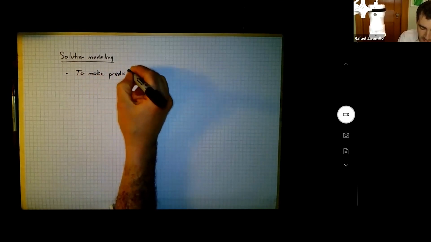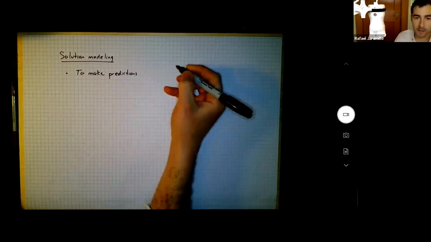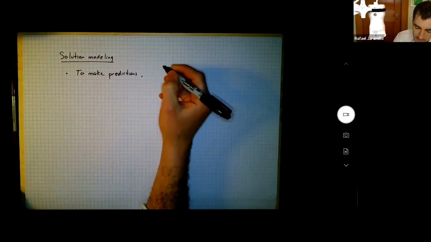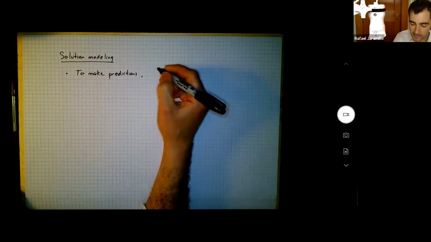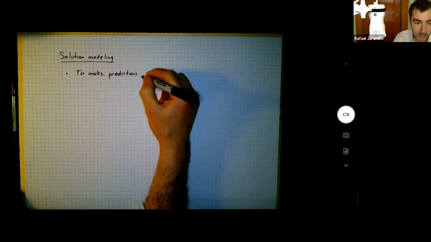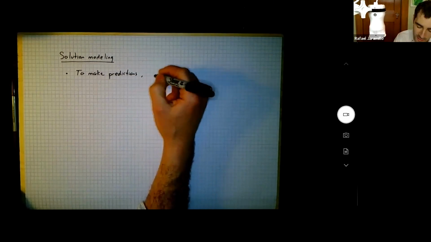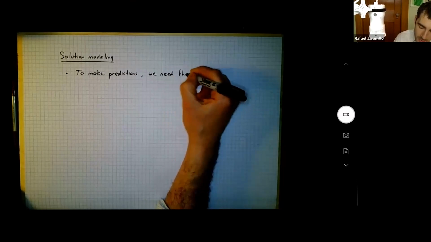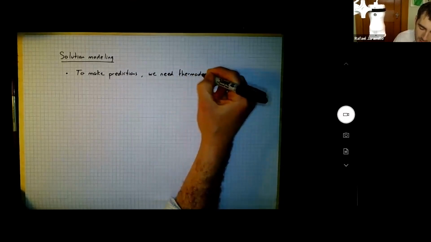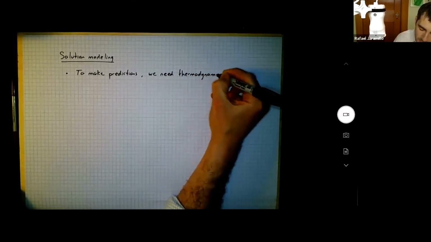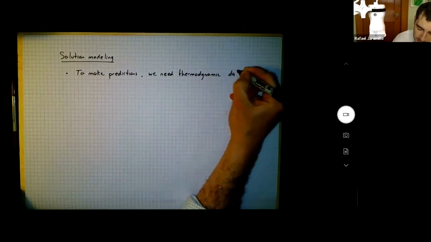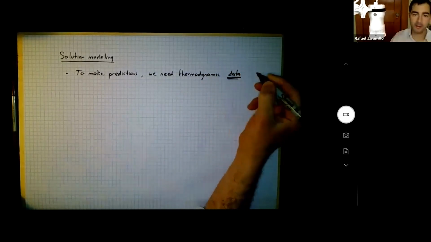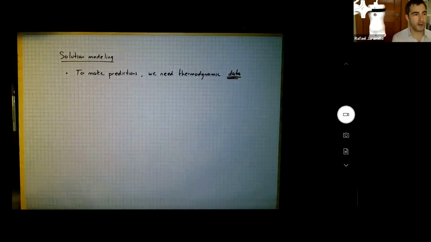We're in the prediction business, right? For intellectual growth and profit, right? To make predictions, we need thermodynamic data, right? You can't solve any problems if you don't have data.